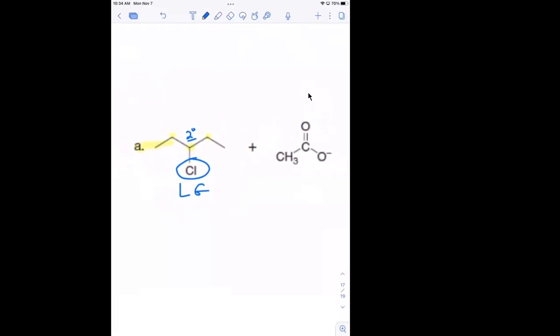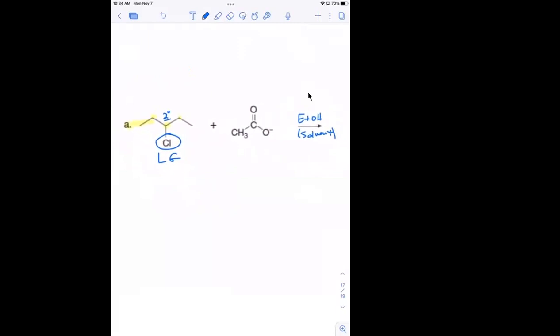All right, so if I do it in ethanol, is ethanol protic or aprotic? Protic, good. Protic solvents facilitate which type of substitution? SN2 or SN1? Answer that, then we'll know the mechanism. SN1.